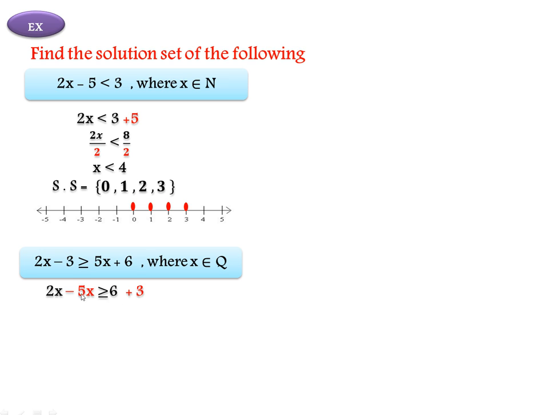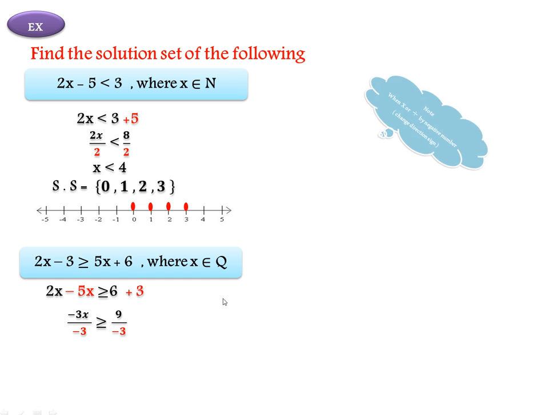Then we get 2x minus 5x more than or equal to 6 plus 3, so negative 3x is more than or equal to 9, and we must divide both terms by negative 3.